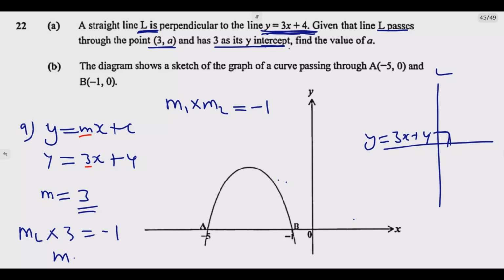So the gradient of the line L must equal -1/3. Now that we know the gradient of L, we can say y is equal to mx plus c. So the line L is y equals -1/3 x plus c.